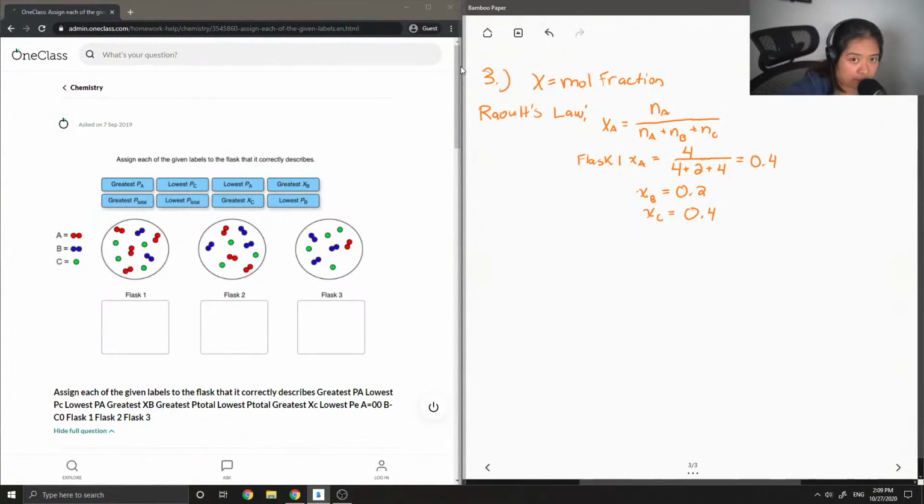So I'm just going to make a table to help us answer all of the different labels that they give us, just to make it easier to read. I'll have the flask number, I'll have the moles of A, B, and C. Let me make it neater.